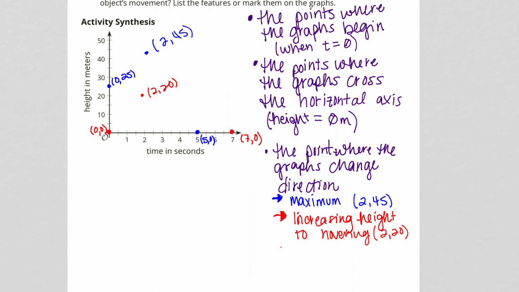And then it has another change where we went from hovering to decreasing height, which was 520. See here, I think that was a little bit too high. There we go. So at 520.